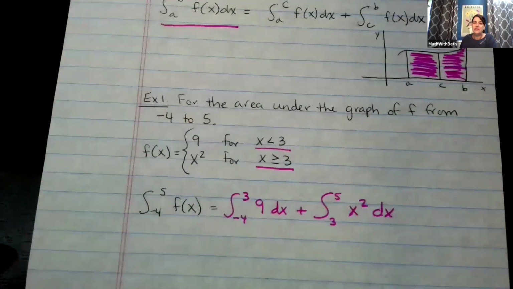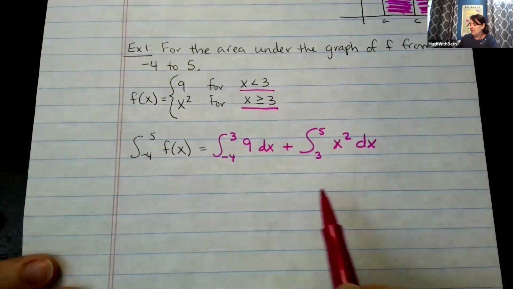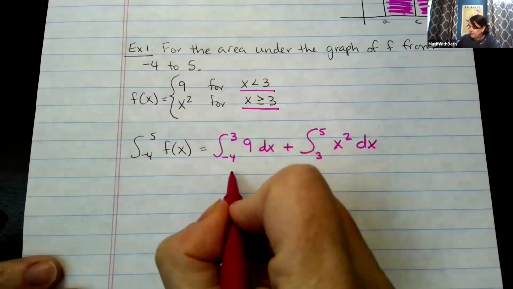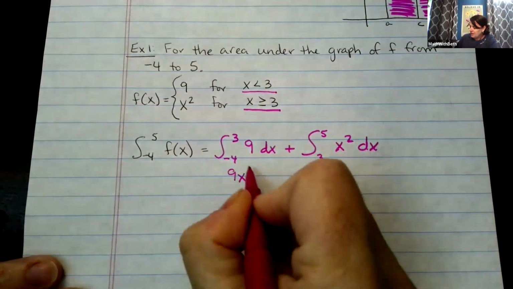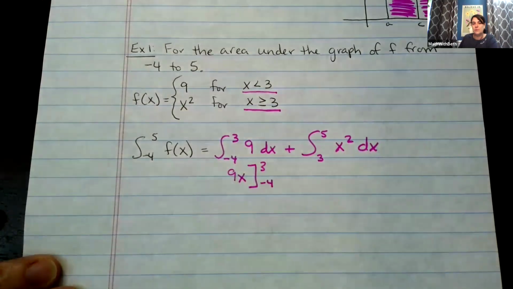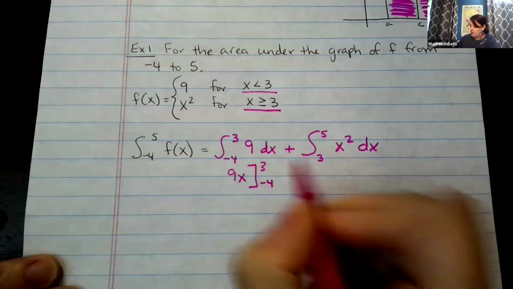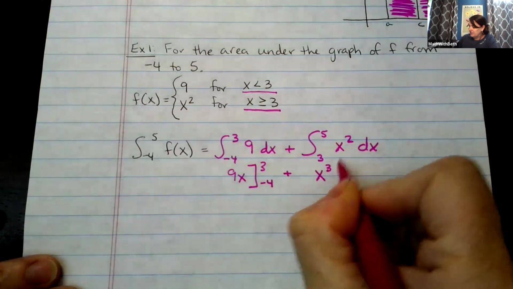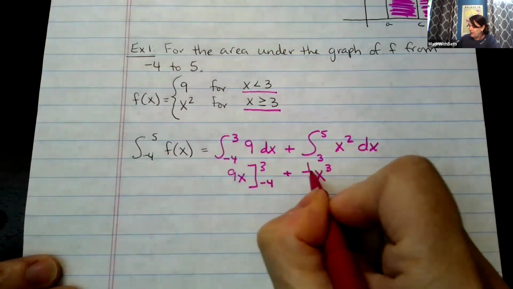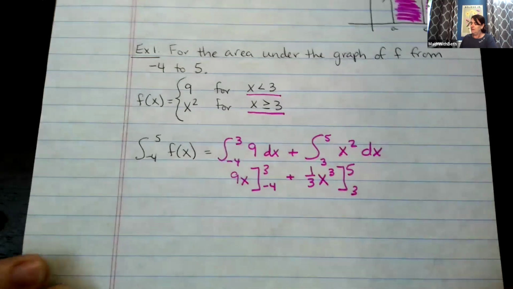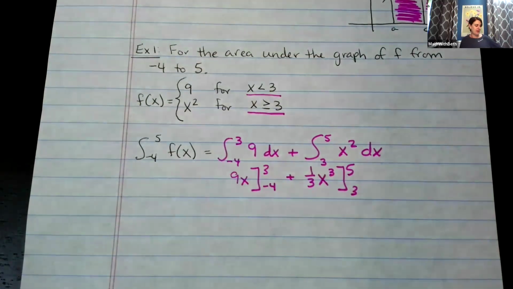So now I can do these separately. Hopefully you've already learned about definite integrals, where we're going to do the antiderivative, and we'll plug in 3 and then subtract what we get when we plug in -4. And over here, I'll use the power rule, which means I'm going to add 1 and divide by that same number, and I'm going to do that by plugging in 5 and 3 and subtracting.